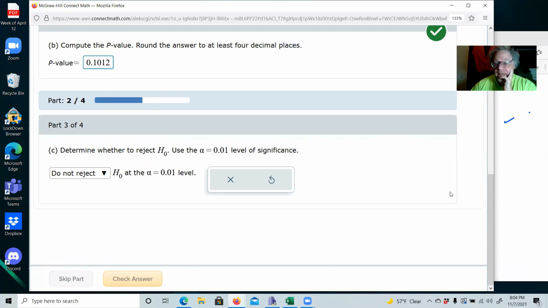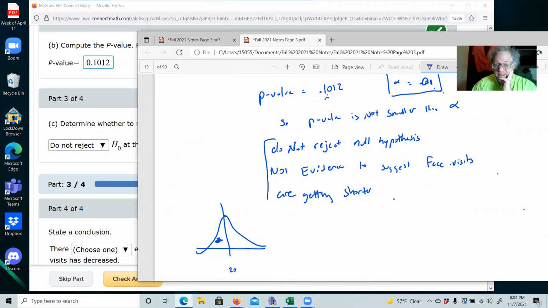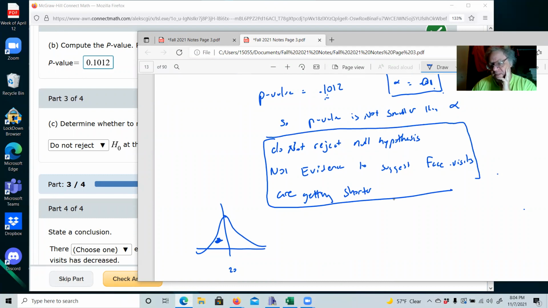And then on your quizzes, you have to write something like this. The book will drag you through it, and it doesn't have to be this formal. You could just tell me Facebook visits are not decreasing in duration. The time people spend on Facebook is not decreasing.